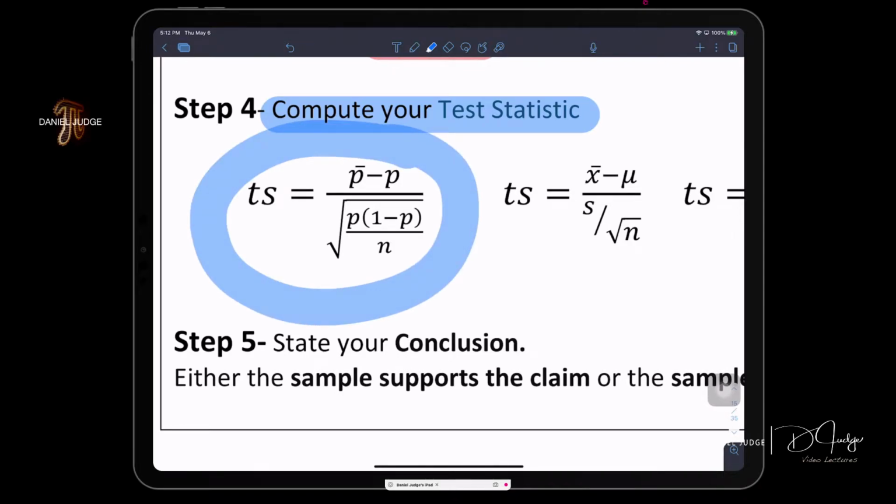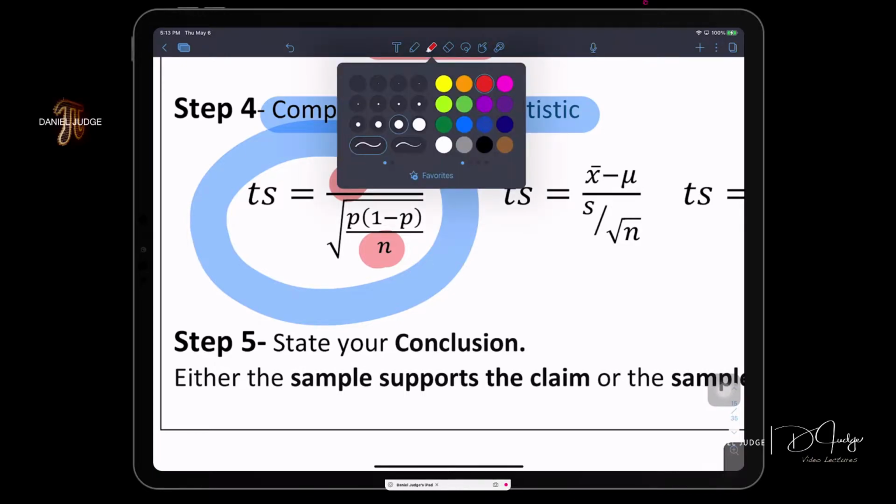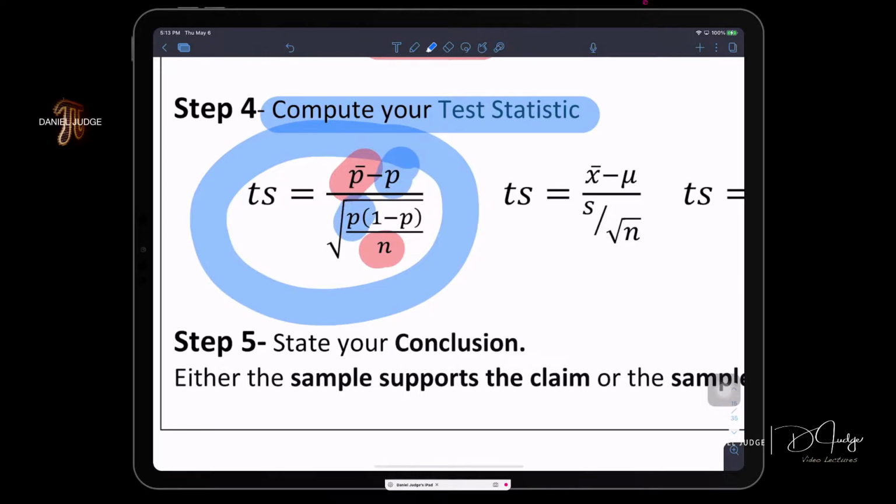This is your test statistic for a hypothesis testing question about a proportion. Look at the details here. The sample proportion and the sample size come from the sample, so I'm going to code that red. P is the same P, and 1 minus P is the complement. That comes from the hypothesis.